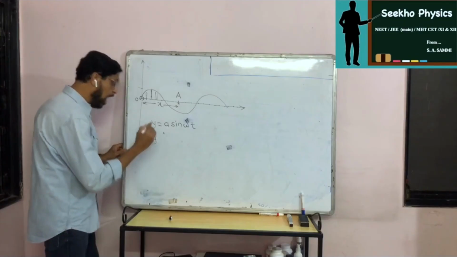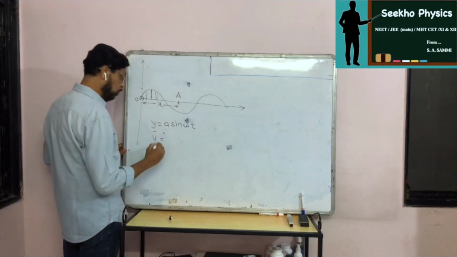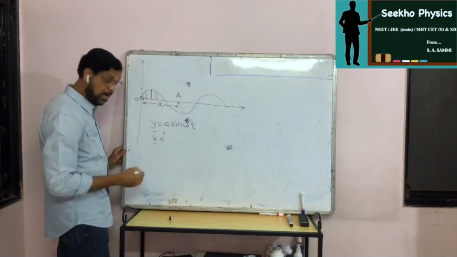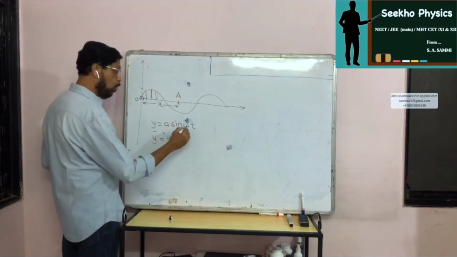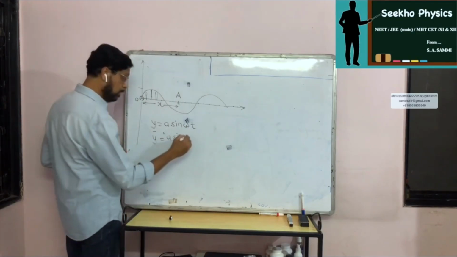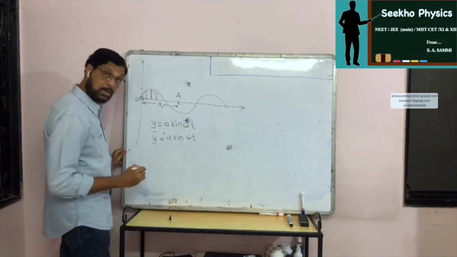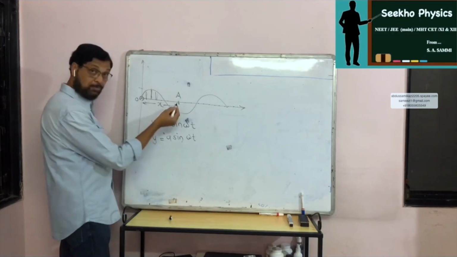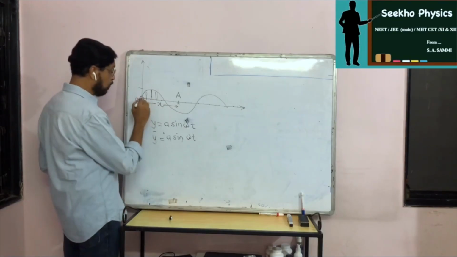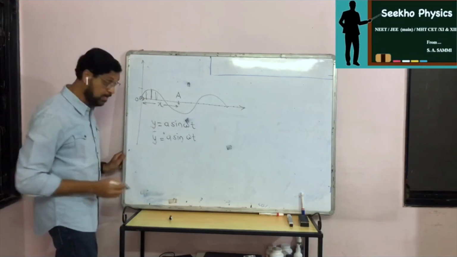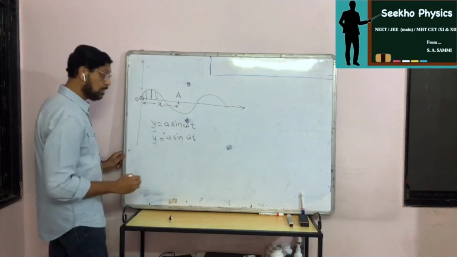It will be y is equal to A sine omega t. A is the same for this particle, omega is also the same, and time is the same for both, because we are looking at both the particles at the same instant.